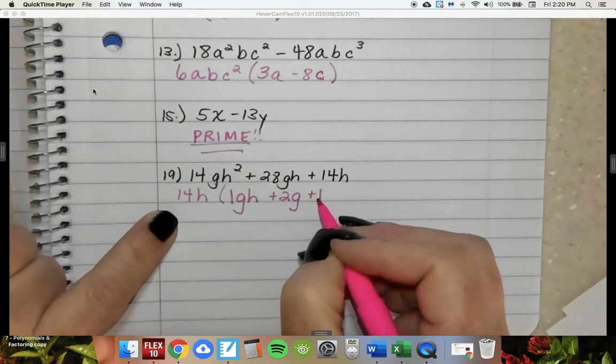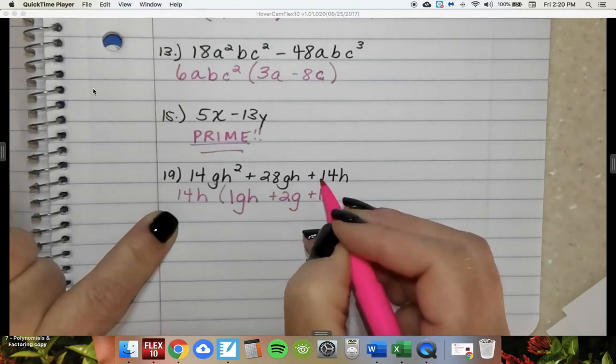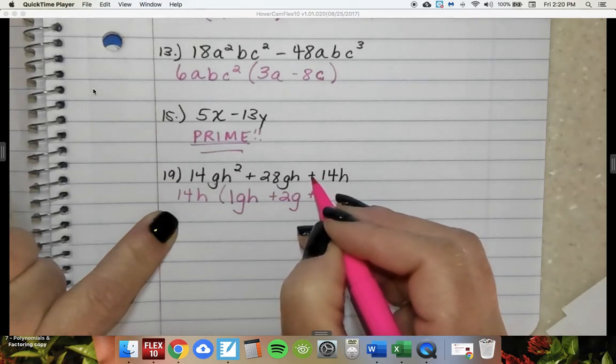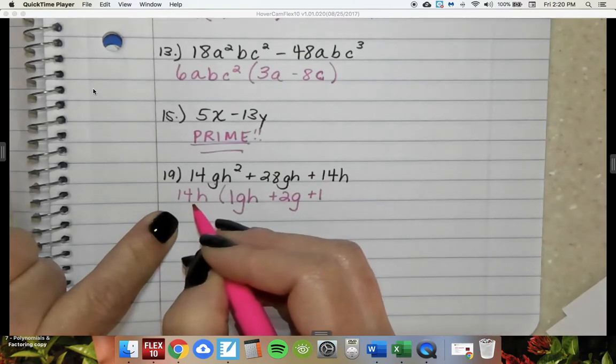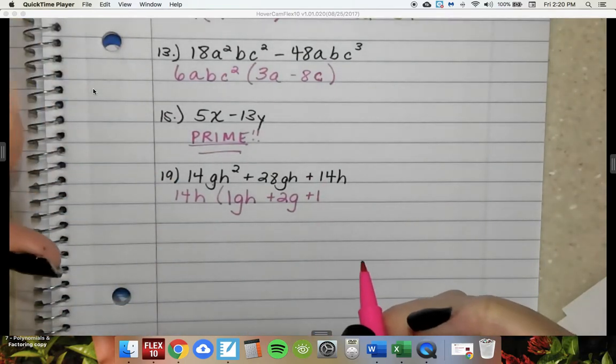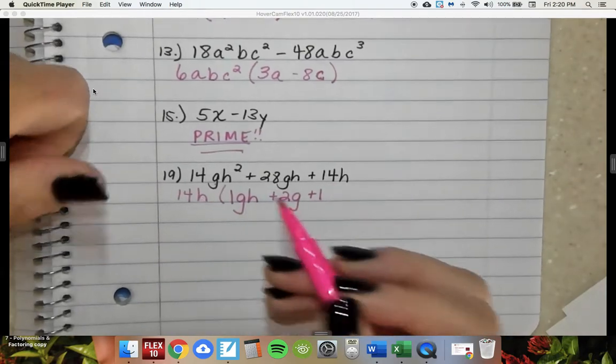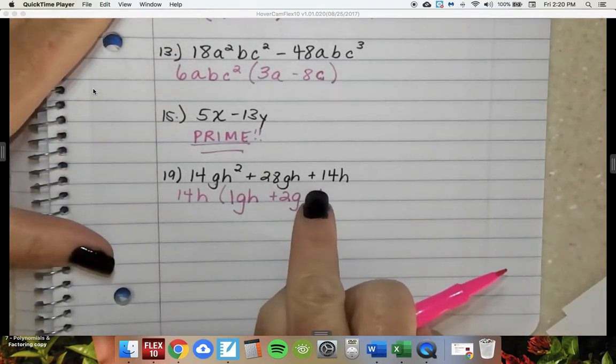So guess what? Here's a really good example of when you do need to show the 1, right? Because if you said 14 divided by 14 is the invisible 1, and then the H divided by H is invisible, then you would have nothing here.